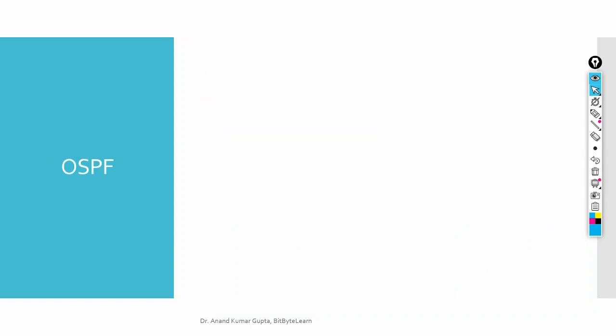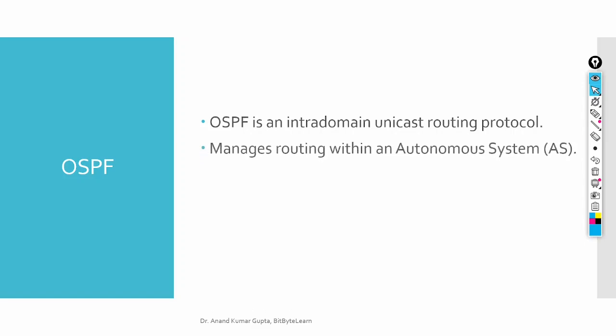OSPF is one of the dynamic routing protocols. It is a protocol which allows inter-domain routing. It manages routing within an autonomous system.